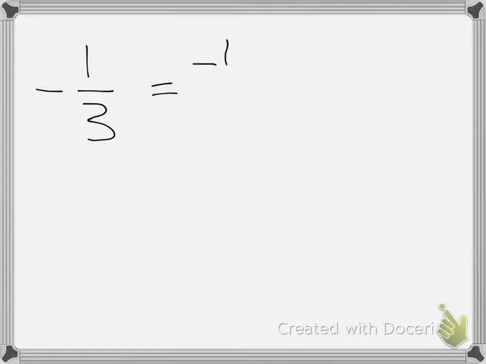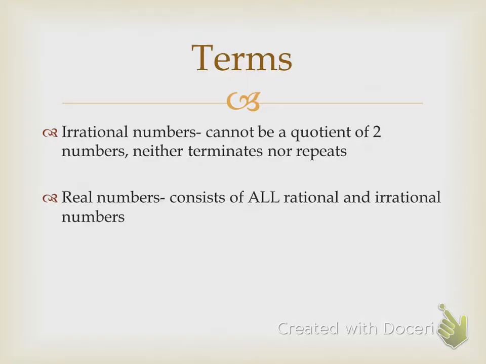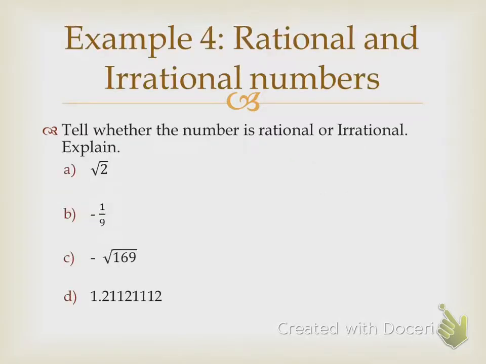I can make it negative 1/3, or I could make it 1/-3. But in order for a number to be rational, the negative has to be attached somewhere. Okay, a rational number can be positive or negative, but it can't be neither. So that's why we have to attach the negative. So you've seen rational numbers before, but now we're taking it a step further, and we're dealing with square roots and whatnot.